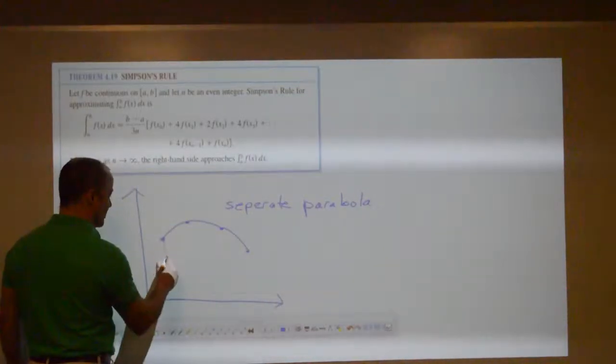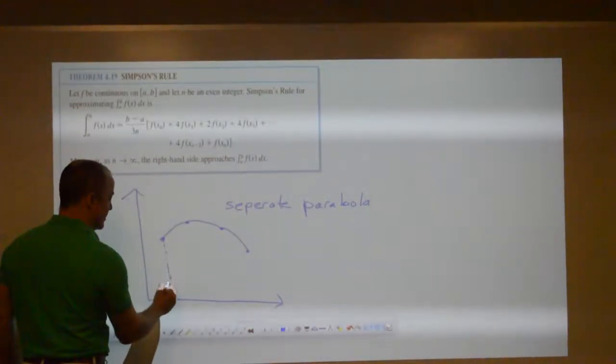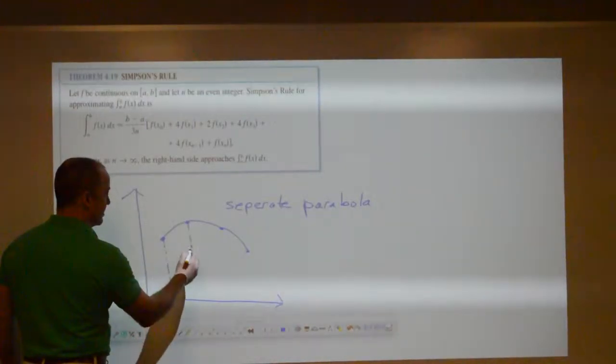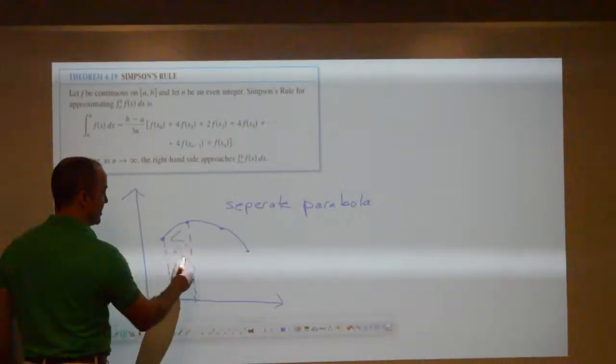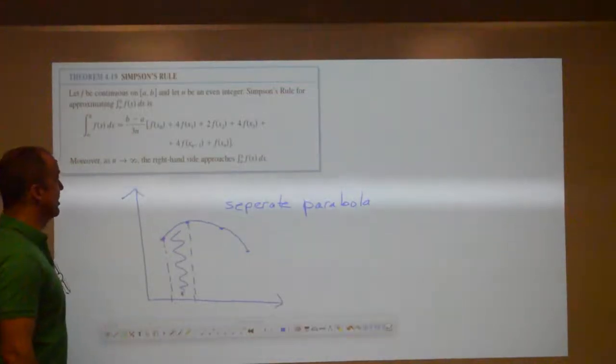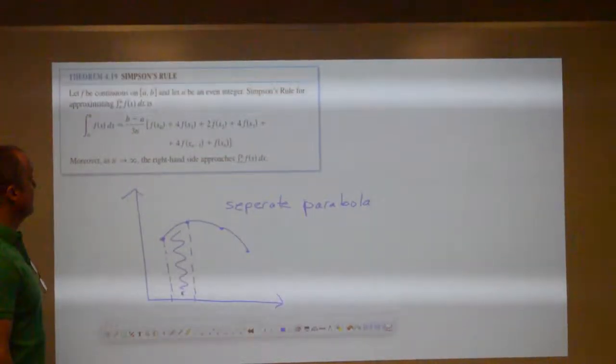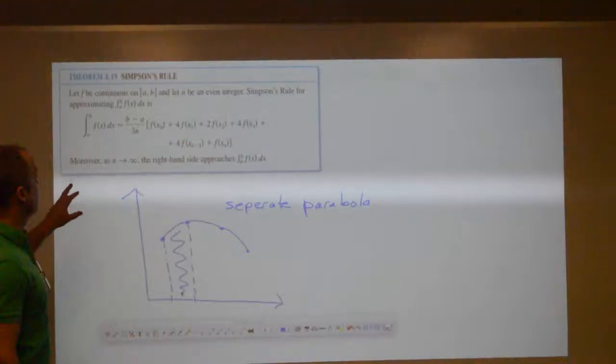So Simpson's Rule is assuming there's a parabola connecting these 2 points, and it's finding the area underneath it. The pattern is a little bit different.